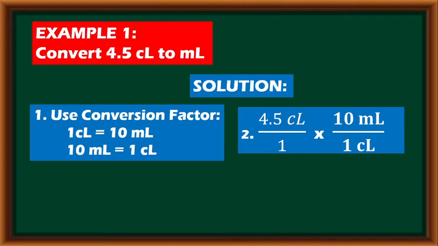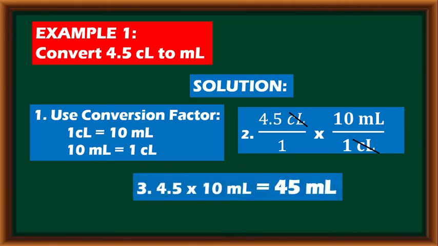So, we will make use of this one. 1 centiliter is equal to 10 milliliter. So, 10 milliliter should be written on the numerator and centiliter should be in the denominator. So, cancel out centiliter. Remaining now is 4.5 times 10 milliliter over 1, and that is equal to 45 milliliters.